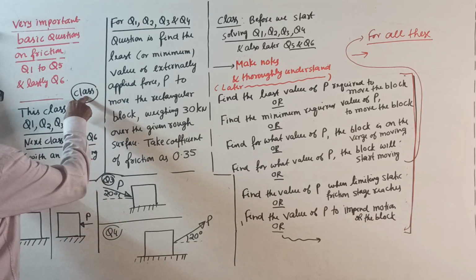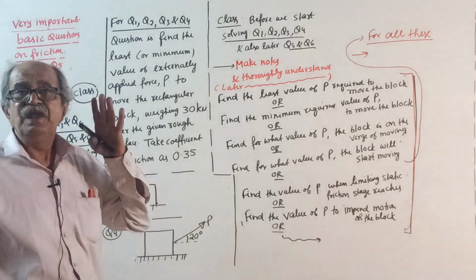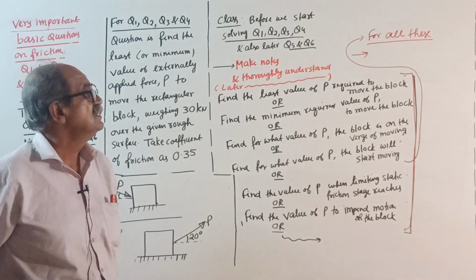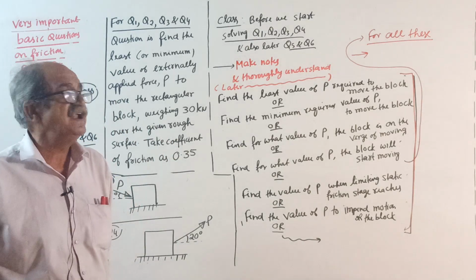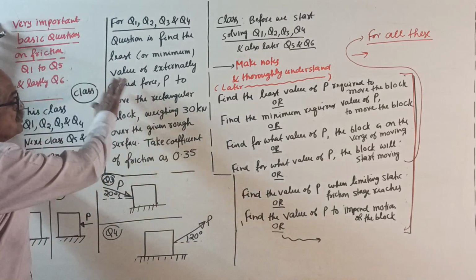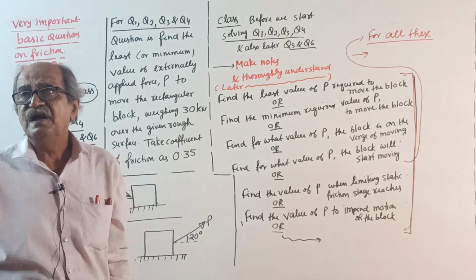Now, what does the class I wrote here mean? I told you from the beginning of this course, my class is meant for those who are serious and dedicated. So, all these very simple questions, you should thoroughly understand and practice.